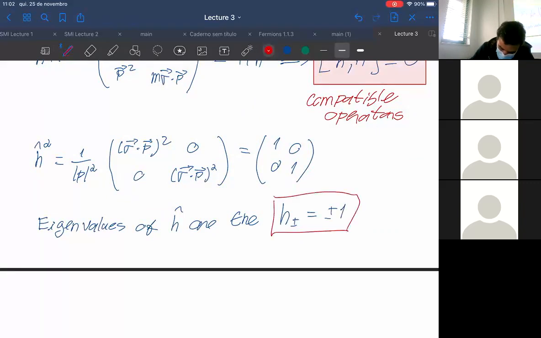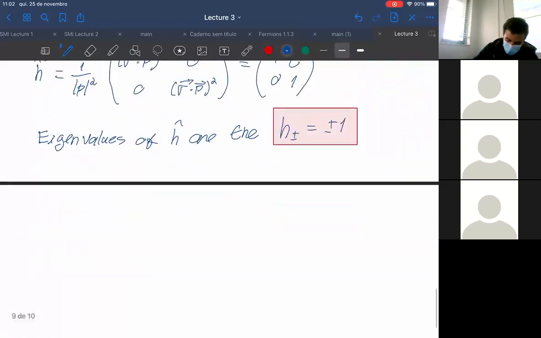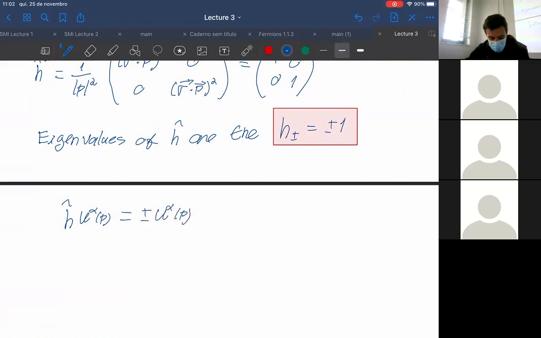This is the spectrum of H. So if you write the eigenvalue equation, H U alpha P equals plus or minus U alpha P, provided that, of course, the spinors are eigenfunctions of H.